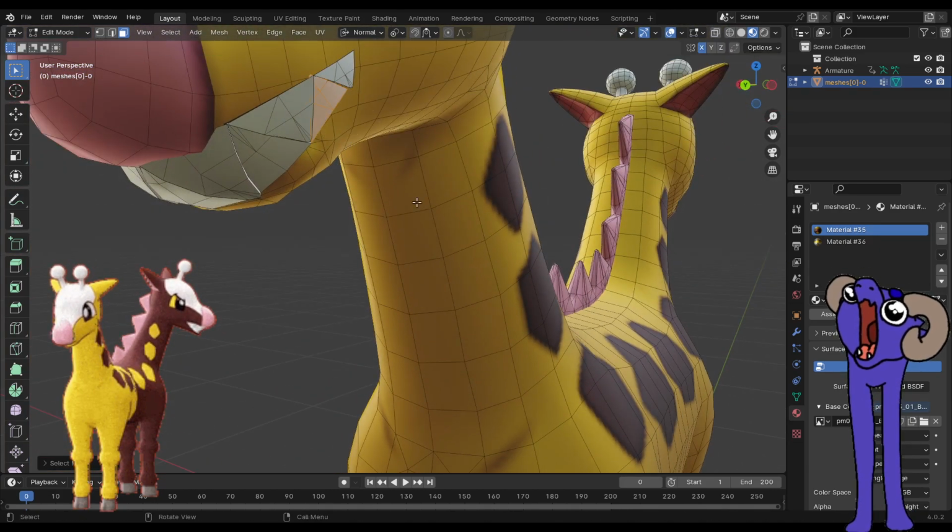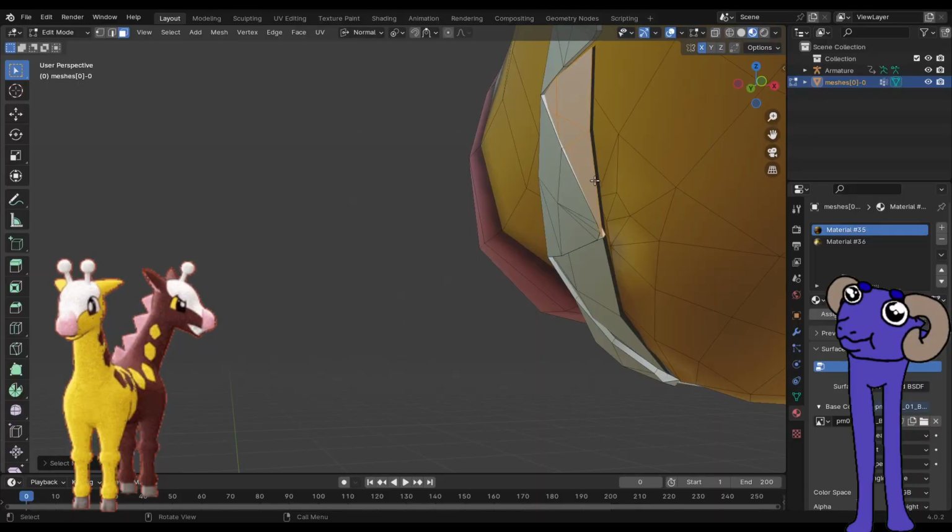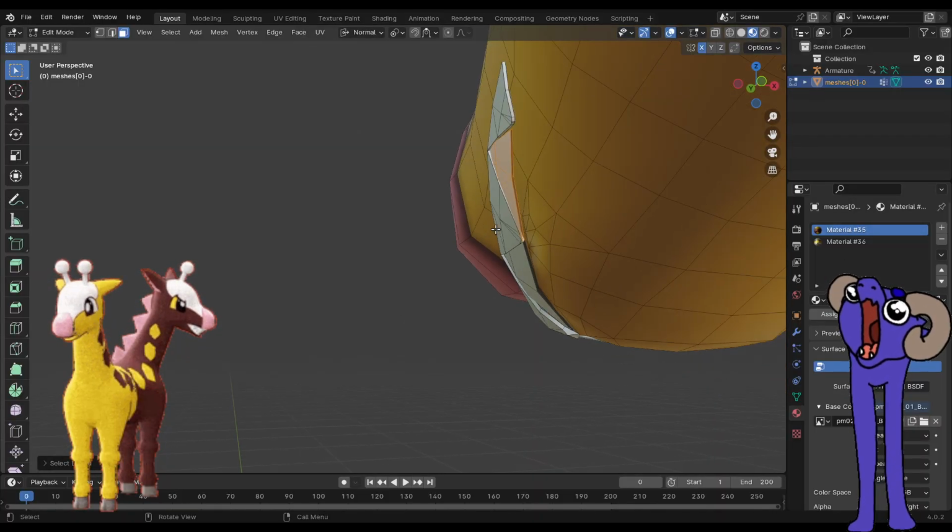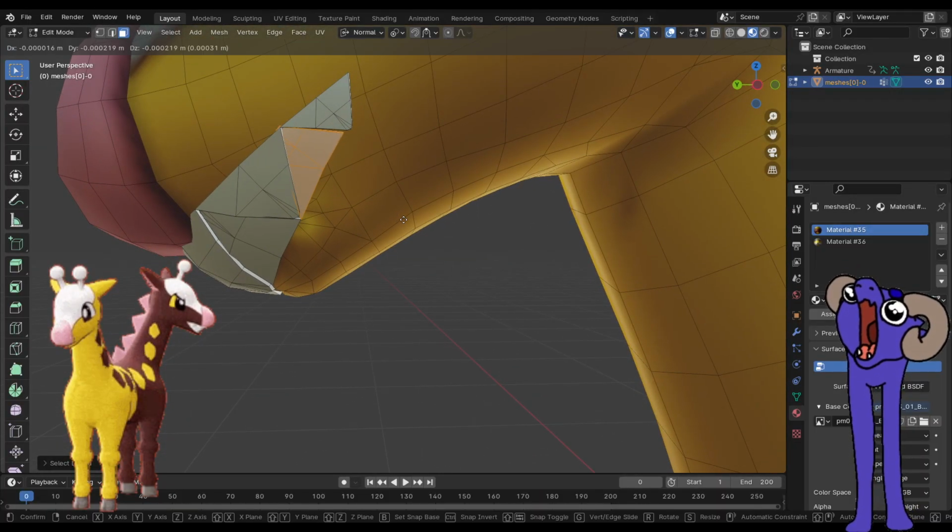The entire tooth? No, not the entire tooth. Still have that bit in there. That is the entire tooth.